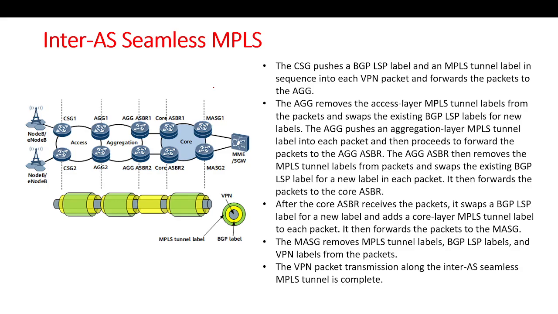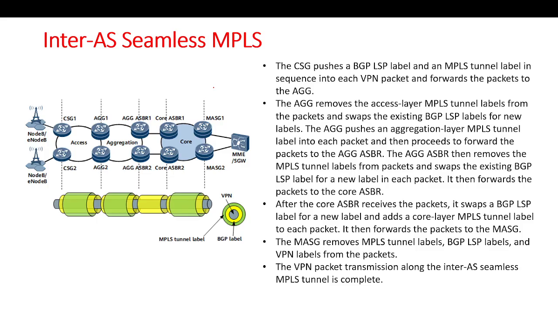So when the packet is now being forwarded for the inter-AS seamless MPLS, again, the CSG will have to push a label. Remember, we are still establishing an end-to-end LSP from the CSG to the MSG. As much as they are in a separate AS, we still need to establish the end-to-end forwarding path.